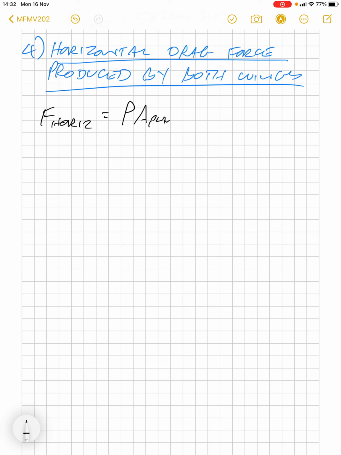So that's rho A, which is the plan view, and CRM squared over 2, and here we got CL sine BM plus CD cos BM.